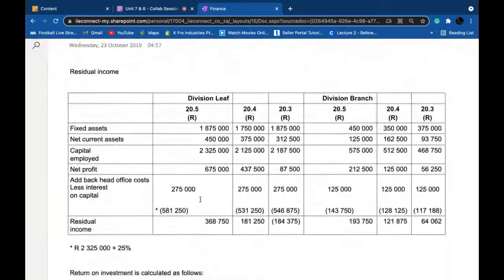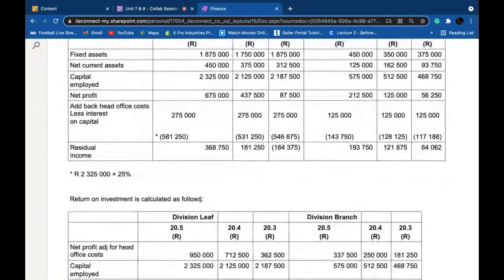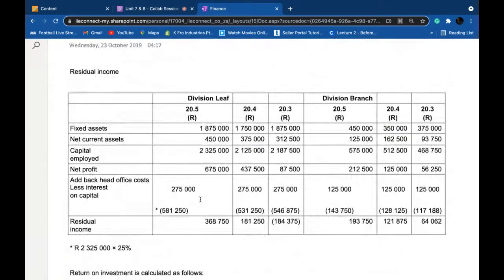So as I was saying, your job there is to first calculate, what are my incomes? What information have they given me? You want to decide, am I going to start with residual income or am I going to start with return on investment?